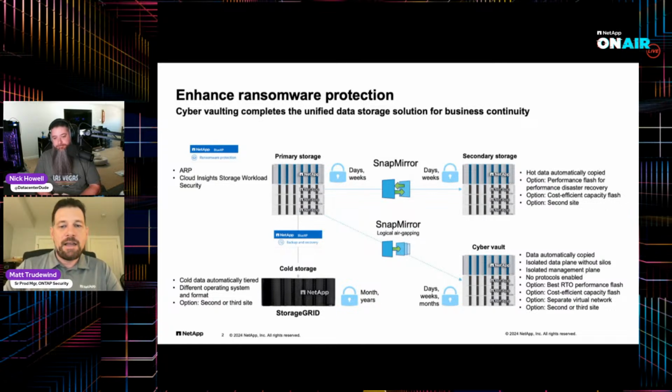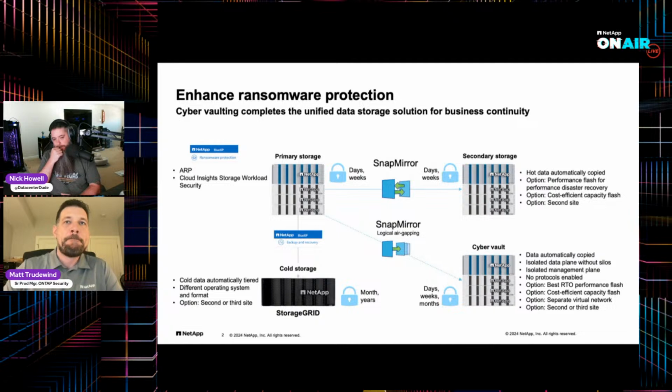Because SnapLock prevents anybody from deleting the data, including administrators, until you reach the retention period. So if you set a 60-day retention period, you cannot delete that snapshot backup. Even if you try to initialize the array and wipe it out, we detect that and say, no, you've got uncommitted SnapLock snapshot backup data. You cannot destroy that until the retention period expires.